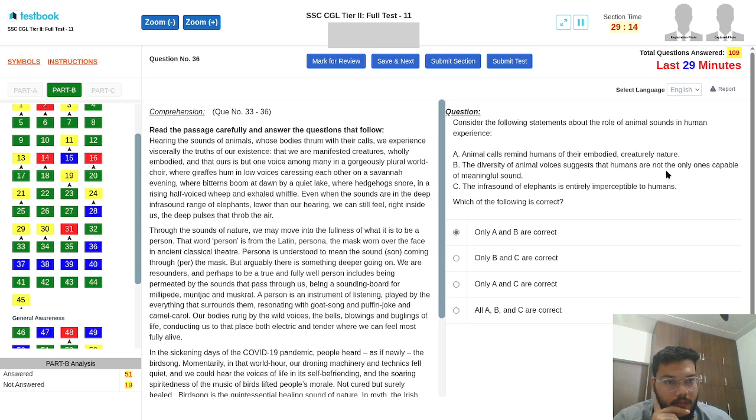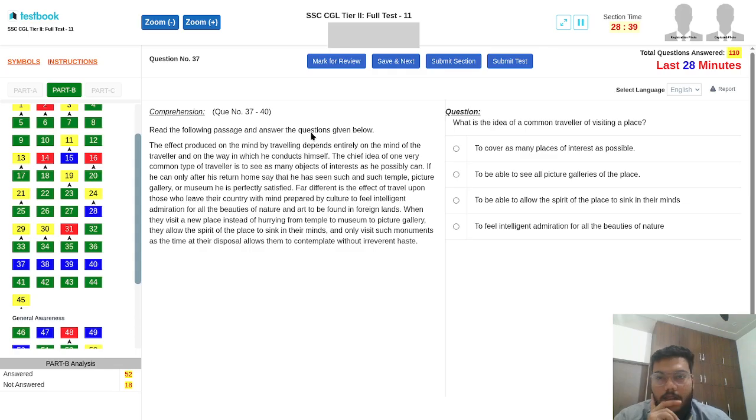The diversity of animal voices is that humans are not only the ones capable of meaningful sound. He can only stand from civilization.